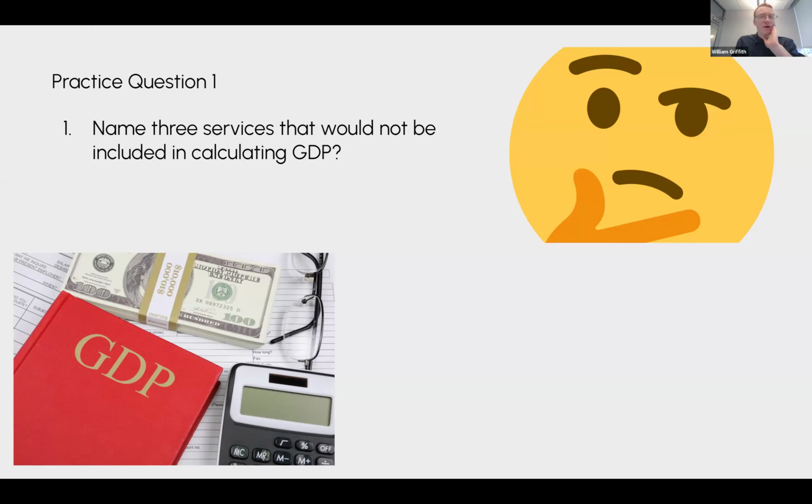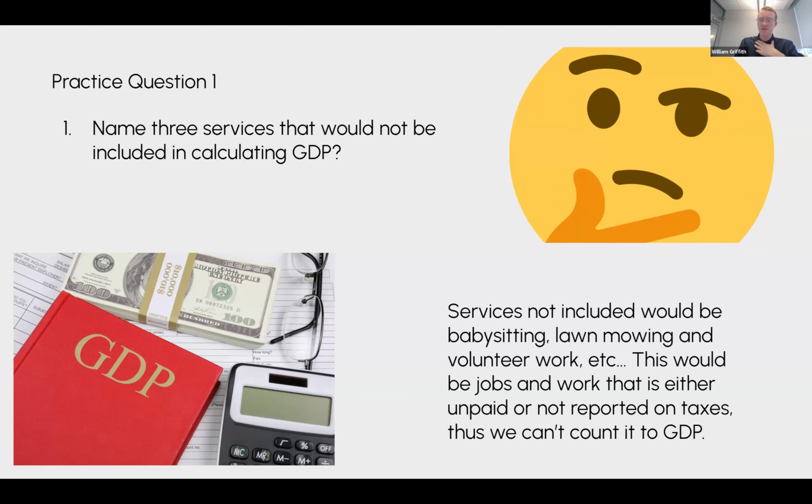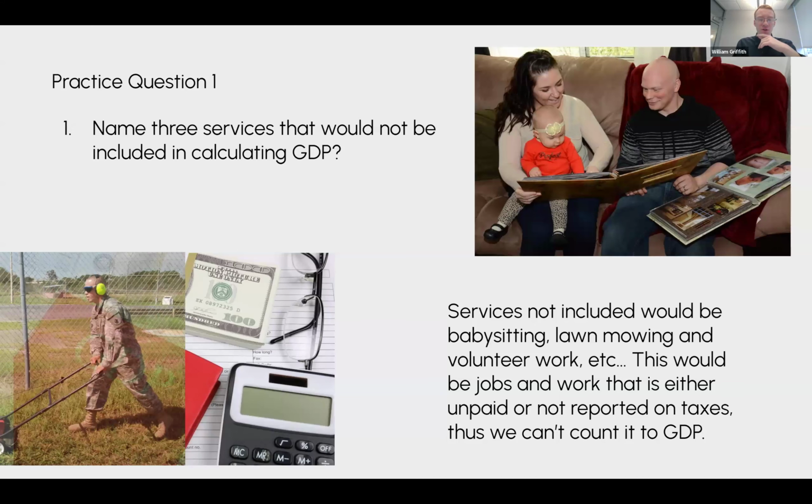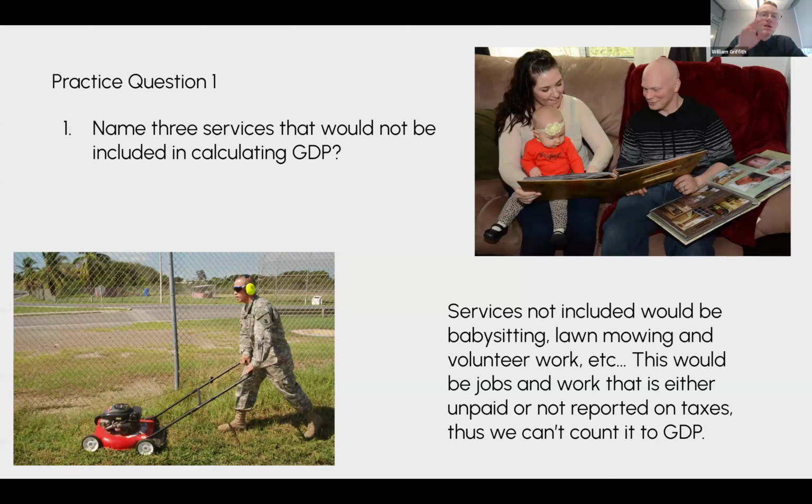So we just spent the last couple minutes talking about all of the things that aren't counted. The 3 services I have here are babysitting, lawn mowing, and volunteer work, 2 of which we talked about. They're unpaid labor that is not reported on taxes. I'll keep saying it over and over again: these are services that are contributing, but they aren't reported.